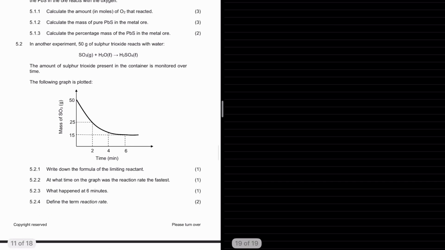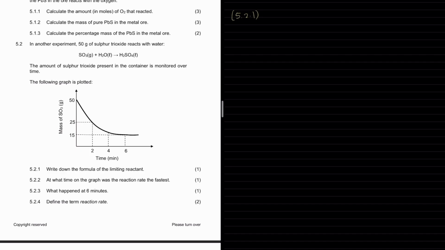Now let's take a look at 5.2. In another experiment, 50 grams of sulfur trioxide reacts with water. The amount of sulfur trioxide present in the container is monitored over time. The following graph is plotted. So 5.2.1 reads, write down the formula of the limiting reactant.